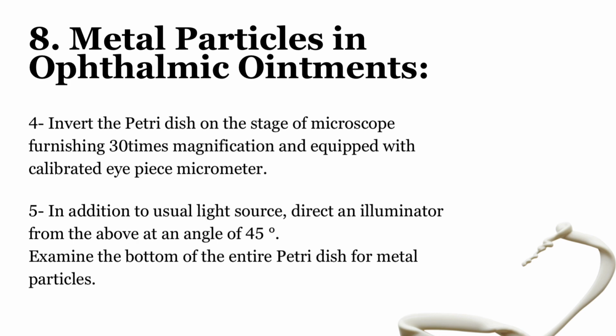Invert the petri dish on the stage of a microscope furnishing 30 times magnification and equipped with a calibrated eyepiece micrometer. 5. In addition to the usual light source, direct an illuminator from above at an angle of 45 degrees. Examine the bottom of the entire petri dish for metal particles.